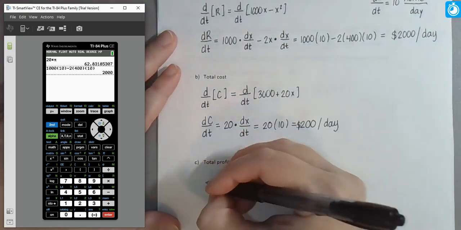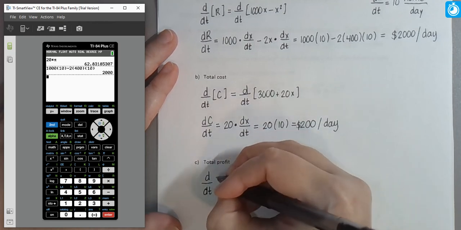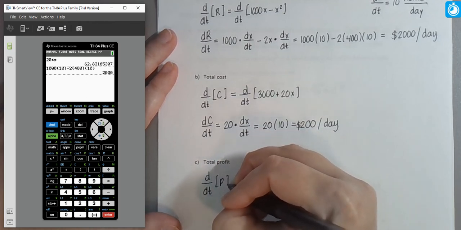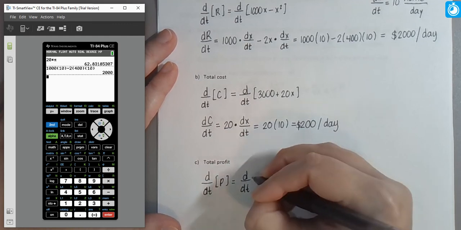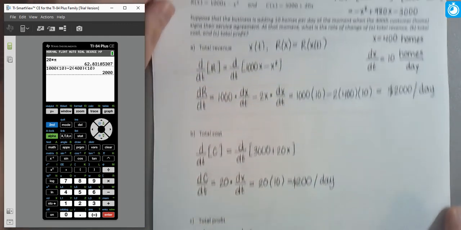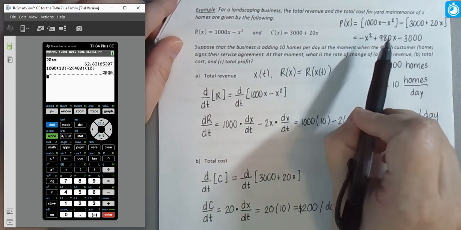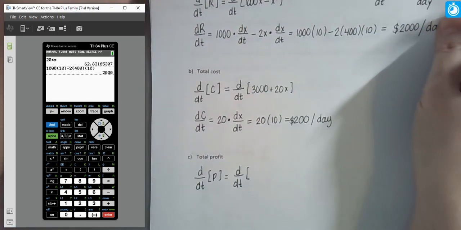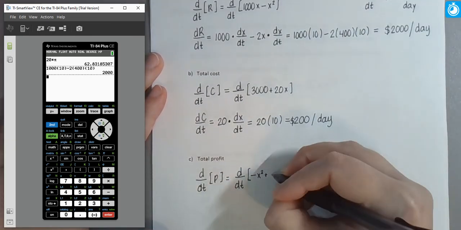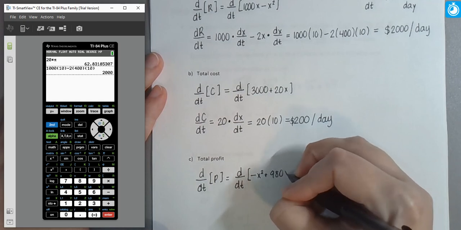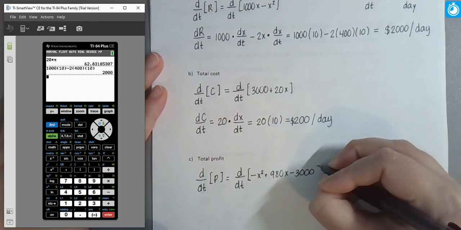So we're going to take the derivative with respect to time of our profit function, which means we're taking the derivative with respect to time of all of this representing our profit function. So negative x squared plus 980x minus 3,000.